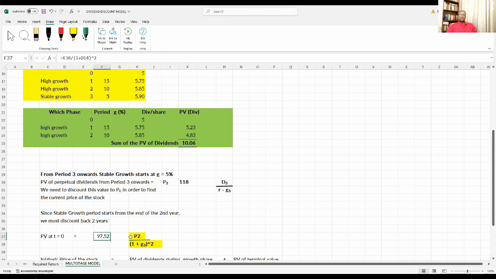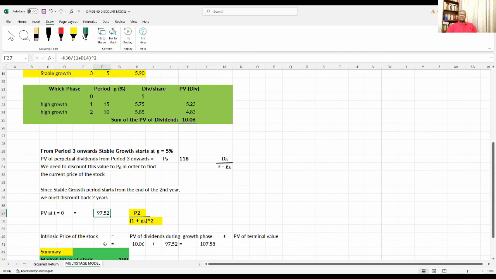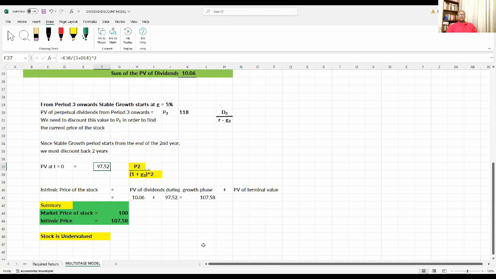So what we have is the sum of the present values of the dividends brought to present, and then we have the present value of the terminal value of the stock. If we add these two together, we get the present value of dividends plus the present value of the terminal value equal to 107.58. So this is the intrinsic price of the stock.